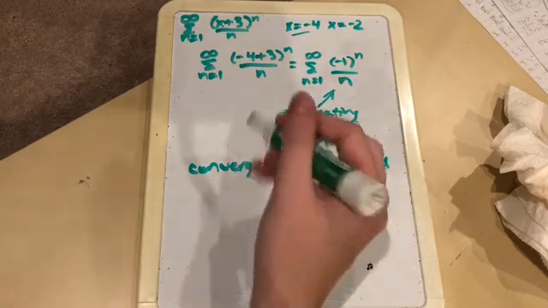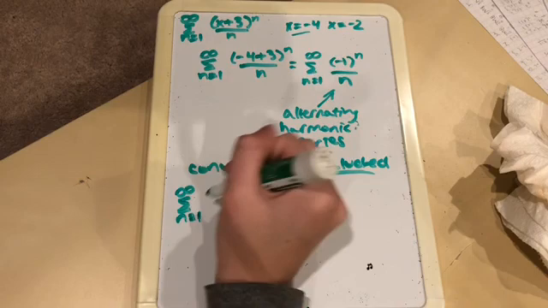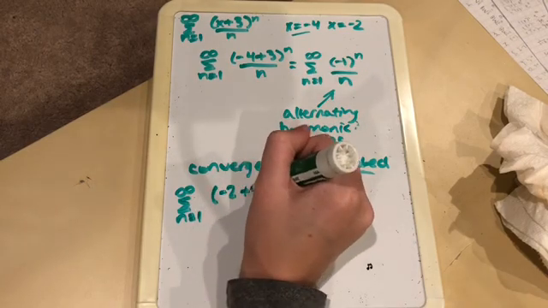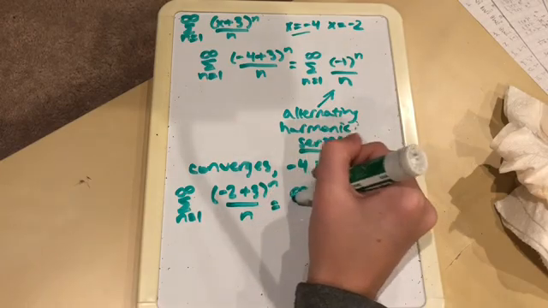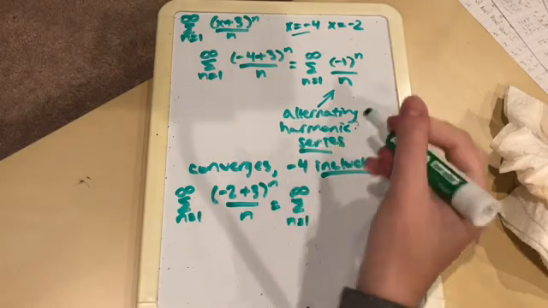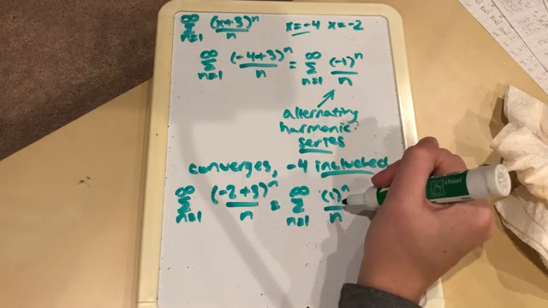Now if we take the same thing for negative 2, we have the series (-2+3)^n all over n, which is the same thing as 1^n over n.